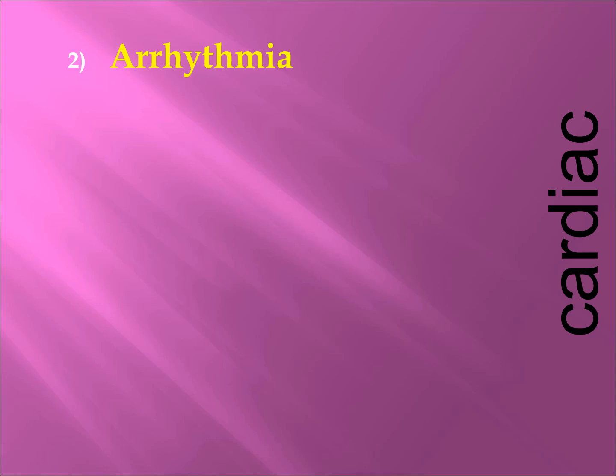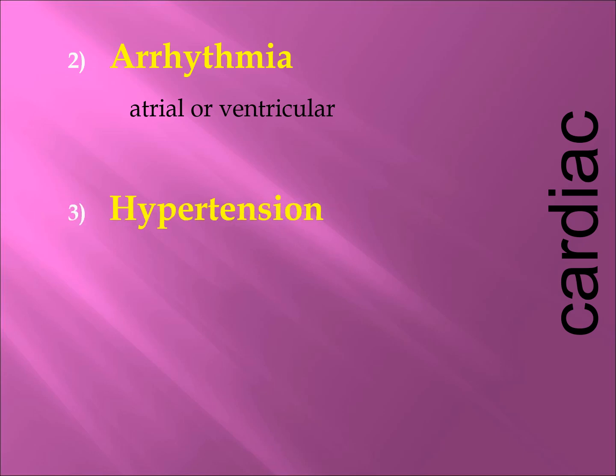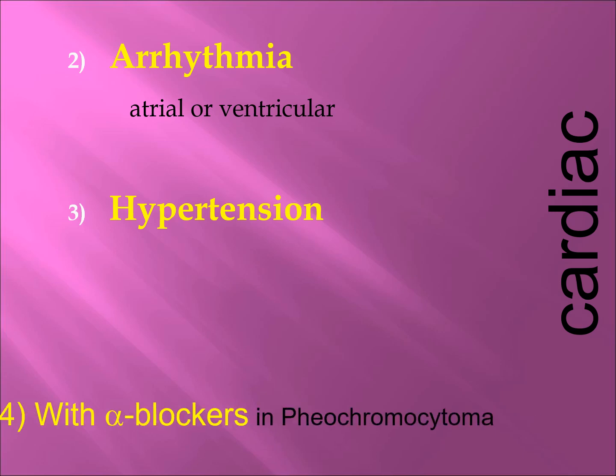They are used in treatment of arrhythmia, either atrial or ventricular arrhythmia. Treatment of hypertension, primary or essential hypertension. They do not produce postural hypotension. They are used with alpha blockers in management of pheochromocytoma, but not used alone in pheochromocytoma.